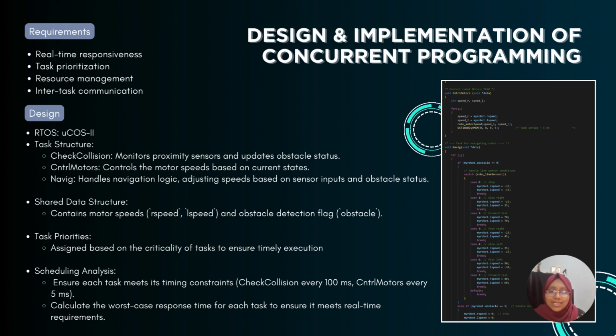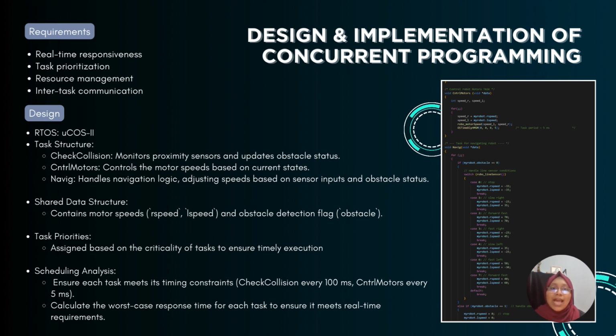So then let's talk about the design. For the real-time OS, we have uC/OS-II, and as the task structure, we have check collision, which monitors the proximity sensor and updates obstacle status, control motors, which controls the motor speeds according to the current states, and navigation, which handles the navigation logic and adjusts the speeds based on the sensor inputs and obstacle status.